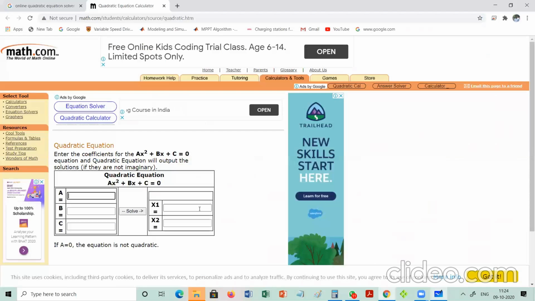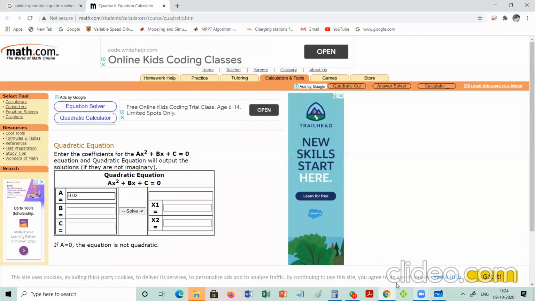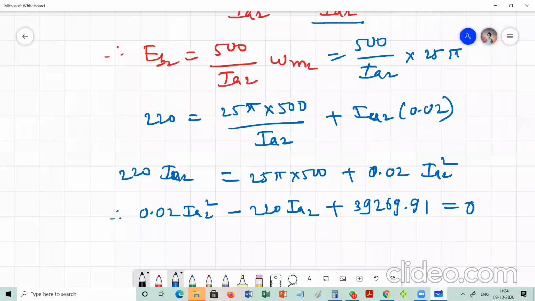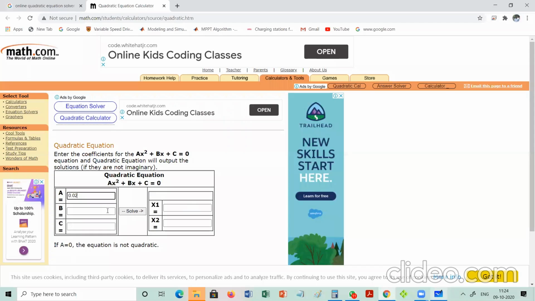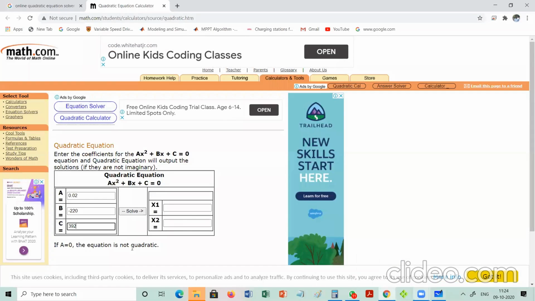First is 0.02, second is minus 220, and third is 39269.91. Solve.